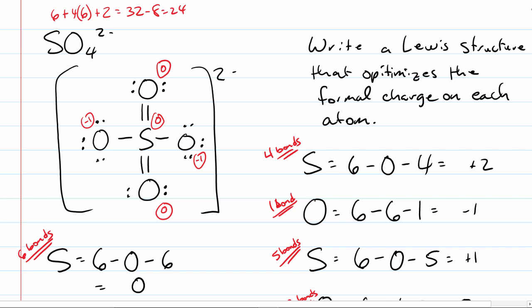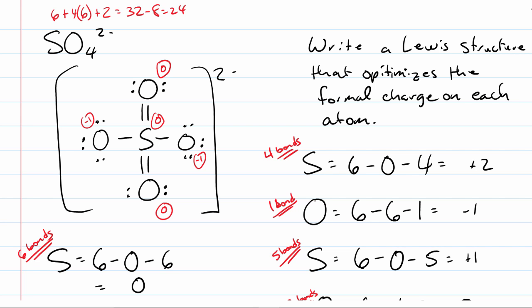Okay, what's one other thing that this sulfate ion might have based on what we've learned thus far? What else might be present in the case of sulfate? Well, why didn't I put the double bond here?